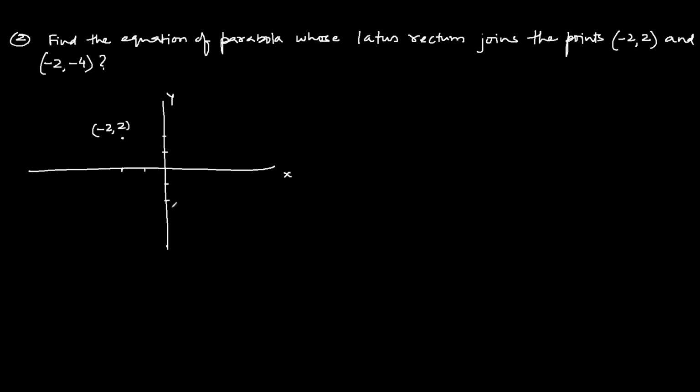So minus 1, minus 2, minus 3, minus 4. (-2, -4). So these two are the endpoints of the latus rectum.